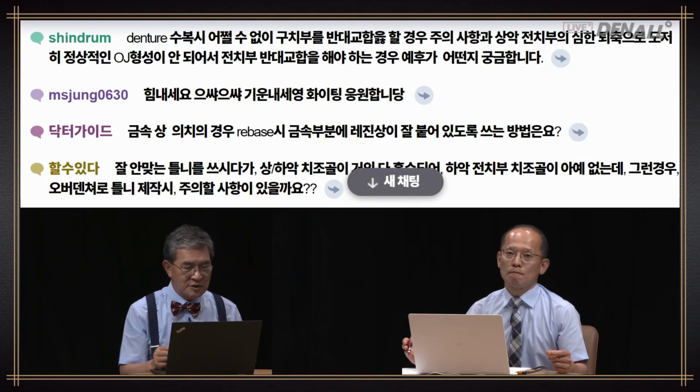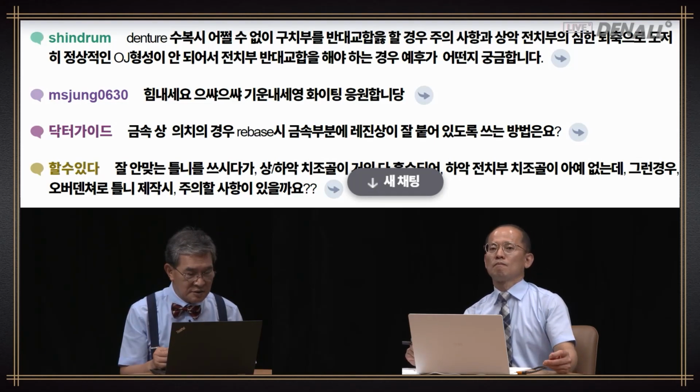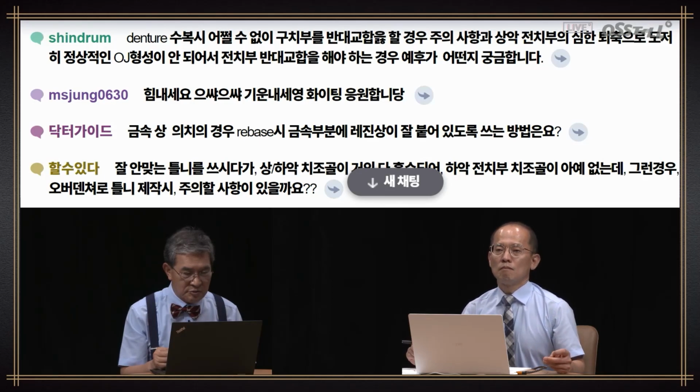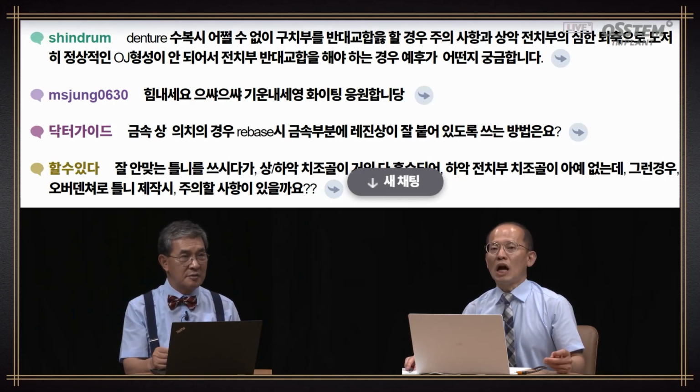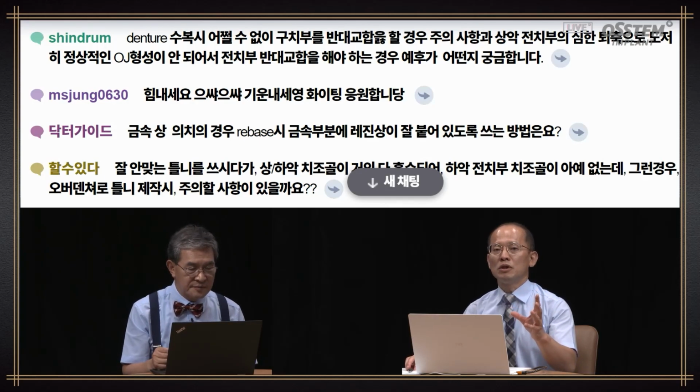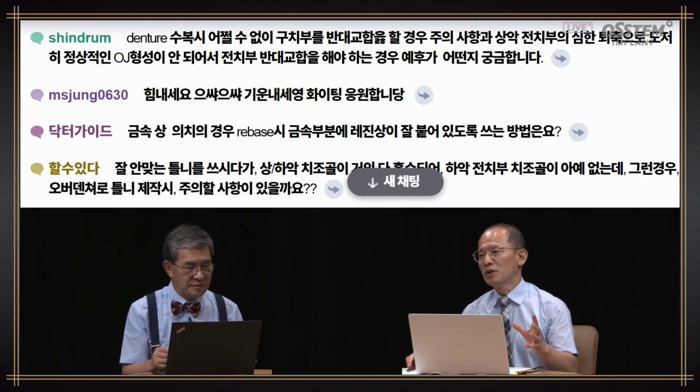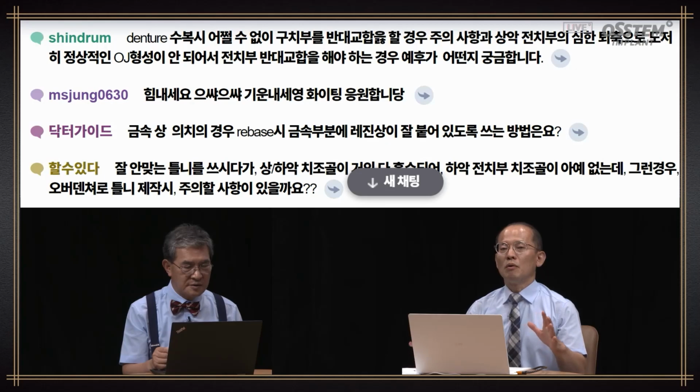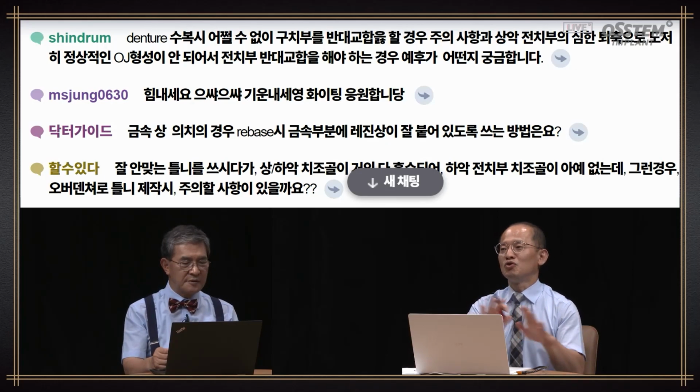And another viewer says, in denture restoration, inevitably on the posterior side, the opposing occlusion, if you do that, then due to severe retraction of the upper anterior side, you don't have overbite depth. What do you need to do? I think you would know the answer already.